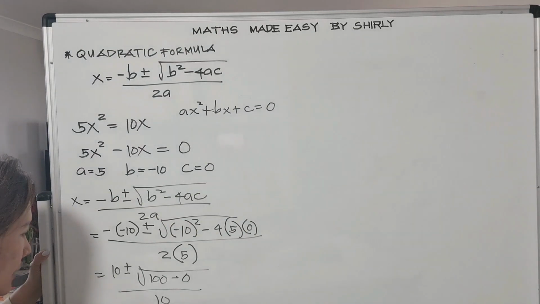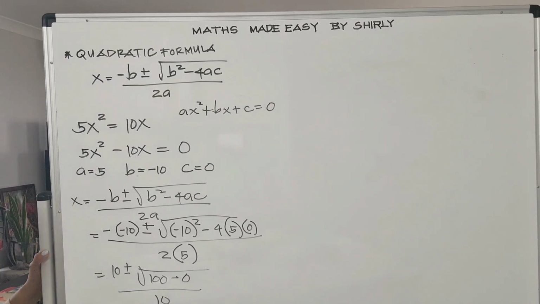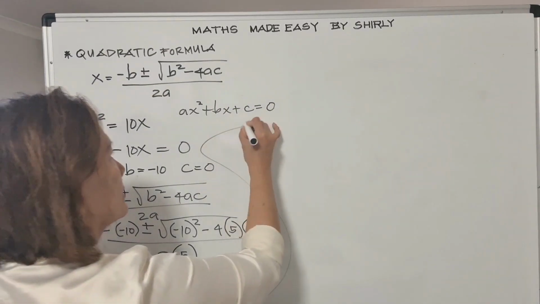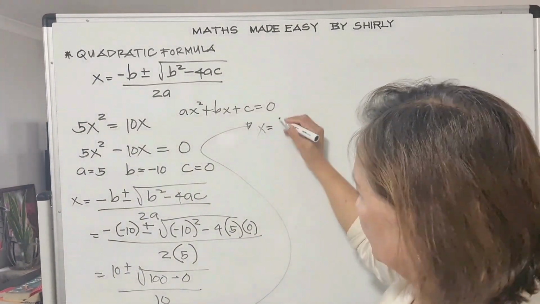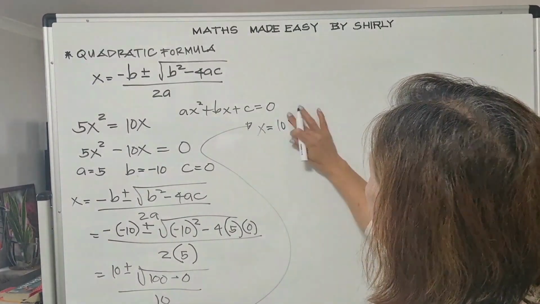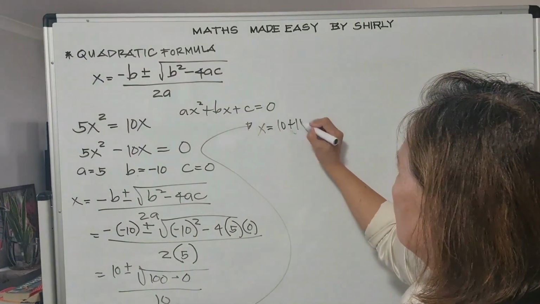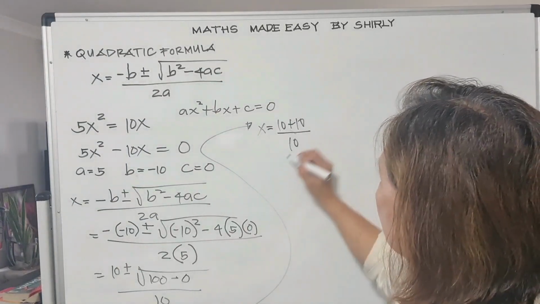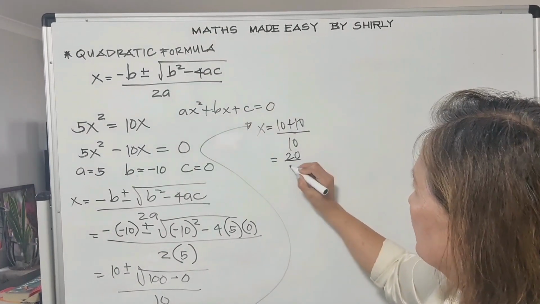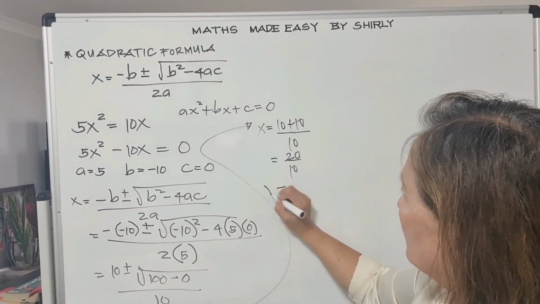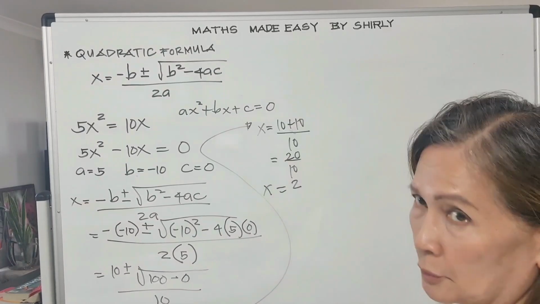So we have 10 plus or minus 10 all over 10. Now, let's continue. Using the plus sign, x will be equal to 10 plus 10 all over 10. So we have 20 over 10, which means x is equal to 2.